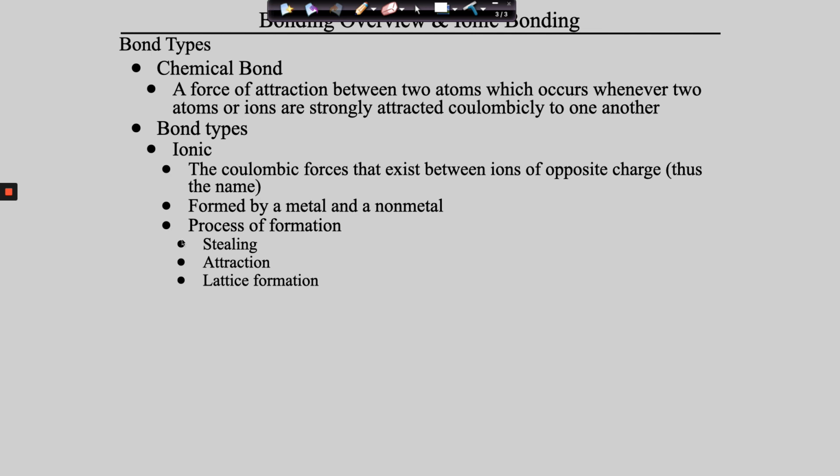So, lattice formation. The idea is that we've got a sodium and a chlorine, right? And what happens is the chlorine steals an electron from the sodium. This becomes negative, this becomes positive. So now we have ions, positive and negative ions.